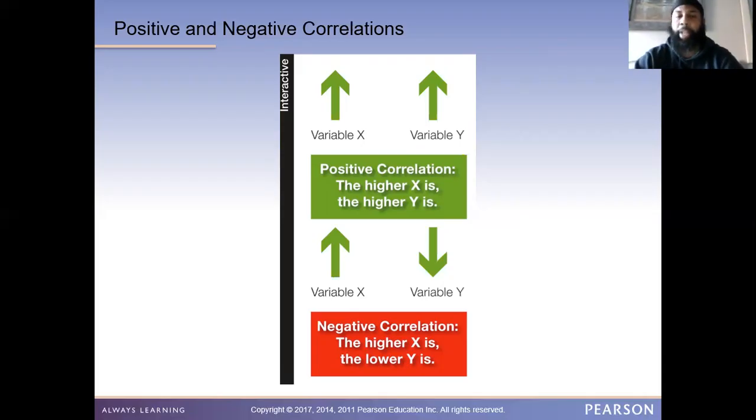So positive correlation, the higher X is, the higher Y is. And negative correlation, the higher X is, the lower Y goes. So the higher education you have, the greater your income should be. The more you exercise, the lower number of cigarettes you smoke.